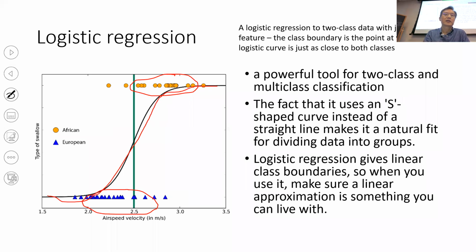This function needs parameters, so you know the center of it and the shape, how widespread or how steep the jump is. That's based on the parameters of this curve. Once you establish this curve, you can start to test your new data points. If your new data point is here, then it has a certain probability of belonging to which group.